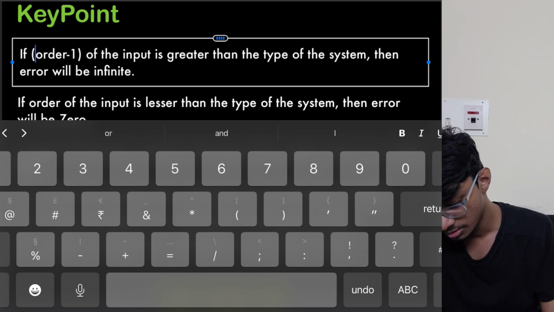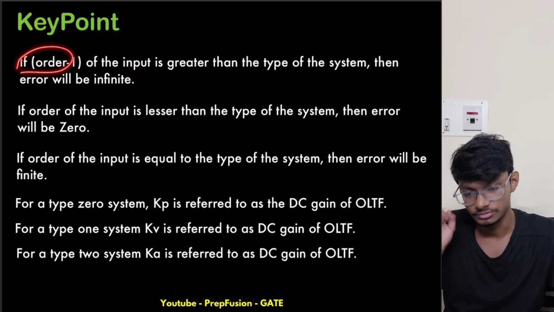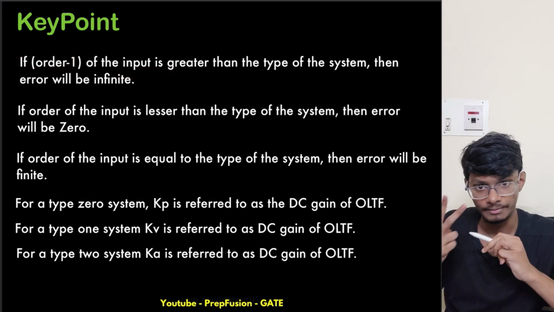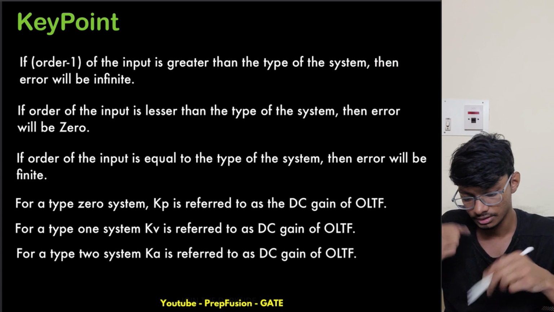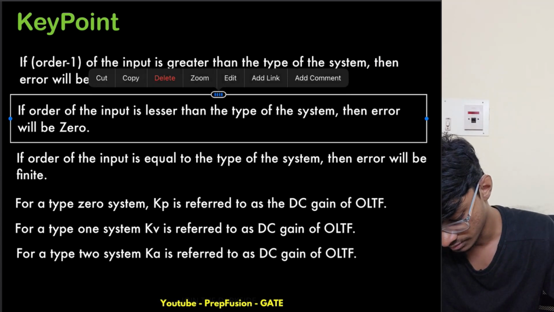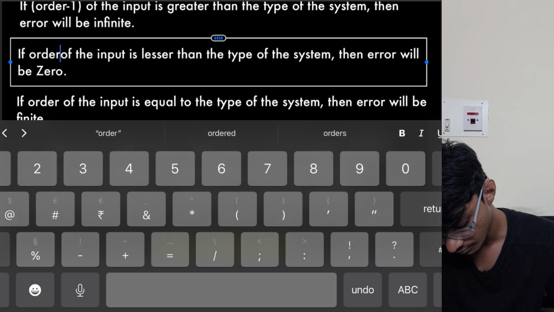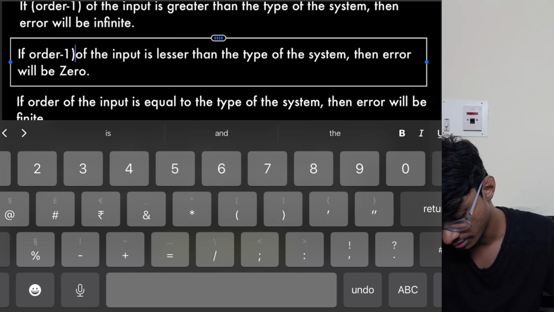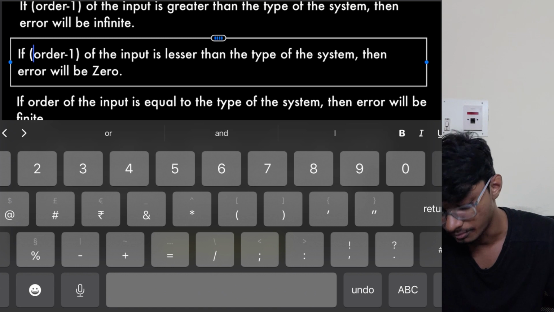If this is a ramp, what is the order of the ramp? Ramp is 2, so the order of the input is 2, but order minus 1 is 1. So if 1 is greater than the type of the system, then the error will be infinite. Again, I have to write order minus 1. This is for understanding purposes, there is no need to mark this down. I hope this is helpful for an intuitive approach.